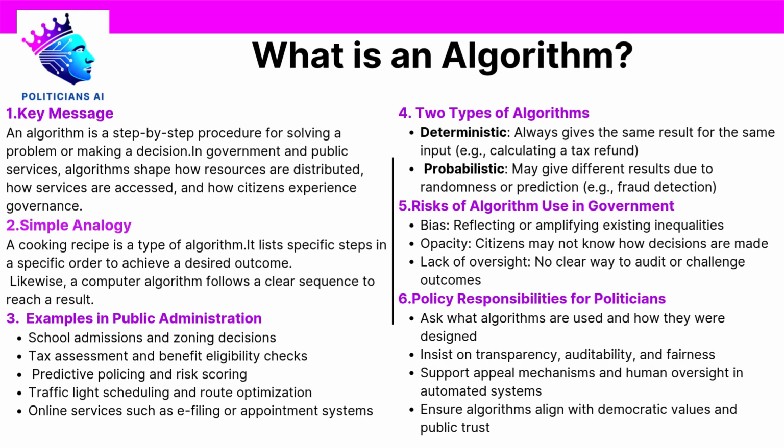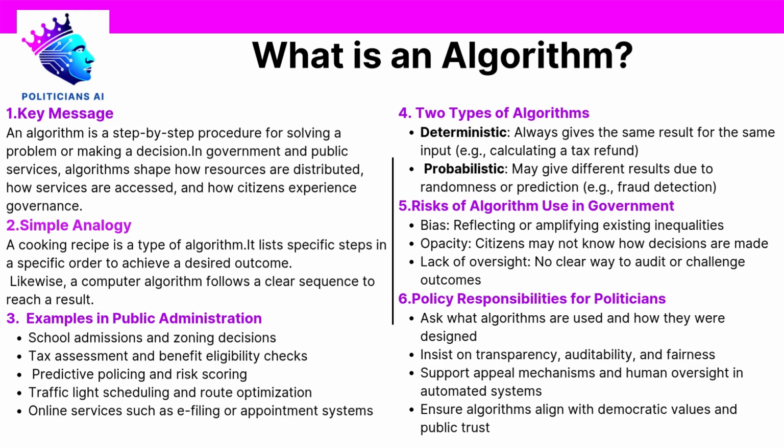Why are algorithms important in politics, governance, or public administration? Well, algorithms are behind almost everything in our digital systems today. They help you filter emails and process applications, guide law enforcement, and even decide school placements and healthcare priorities. These processes might seem invisible, but algorithms are constantly working in the background to sort data, make decisions, and automate services.